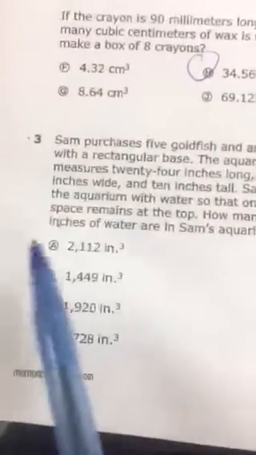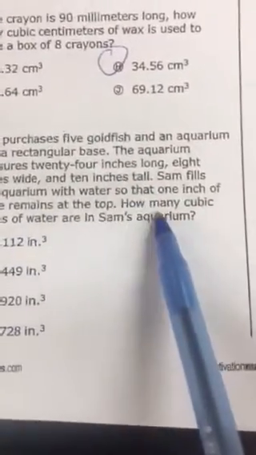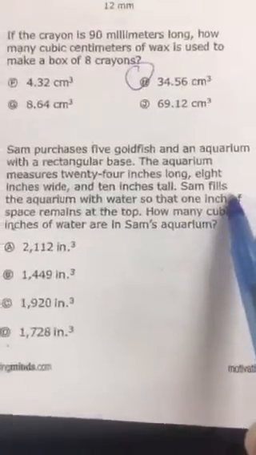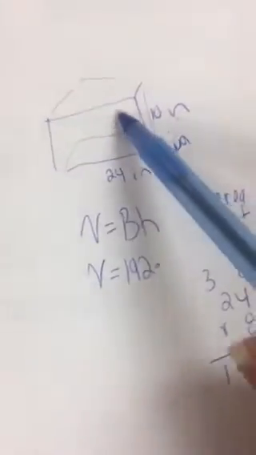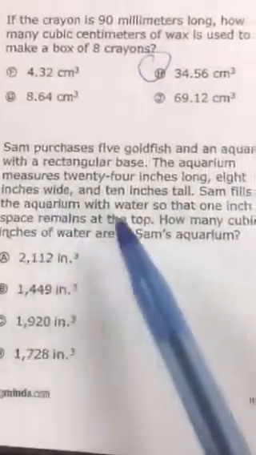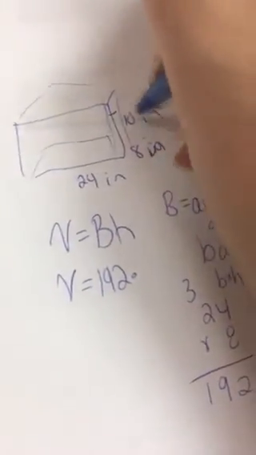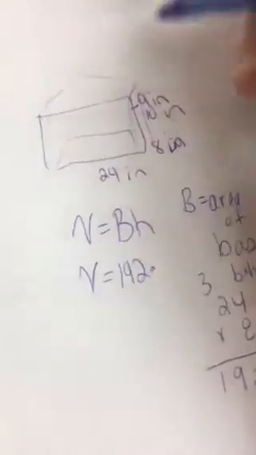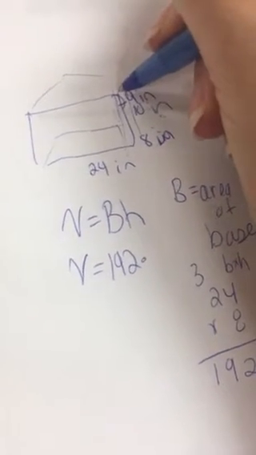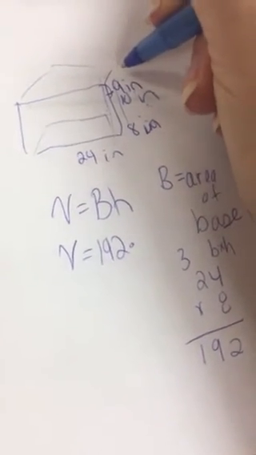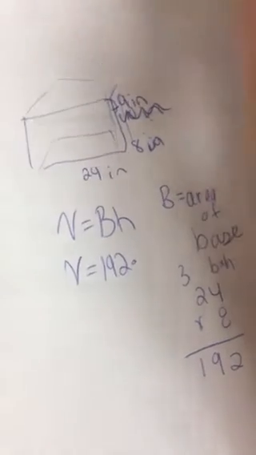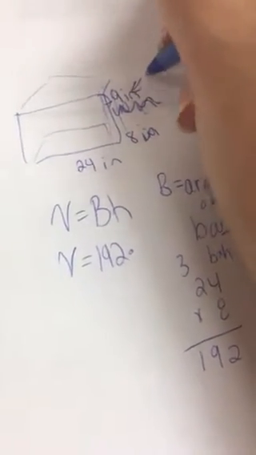I want to know how many cubic inches of water are in the aquarium. He's not filling the water all the way up 10 inches. He's doing it so that 1 inch of space remains. So there's not 10, the water doesn't go all the way up, it goes to 9 inches because 1 inch of space is left on top. So the height I'm gonna use is actually 9.